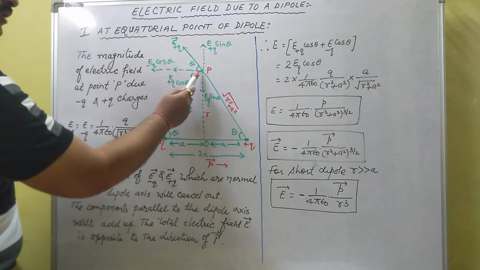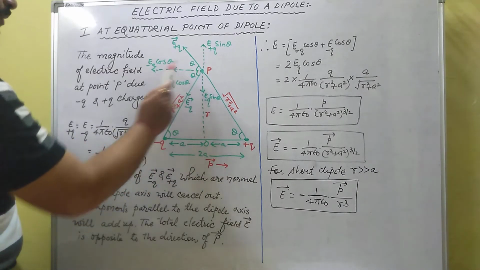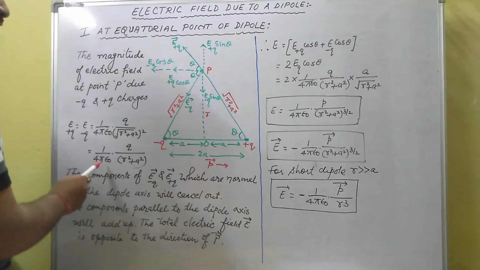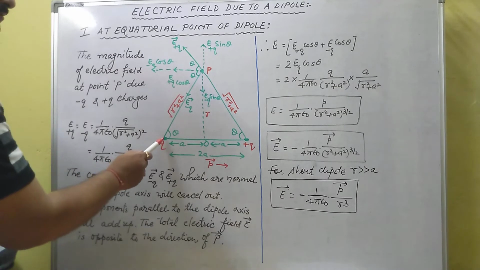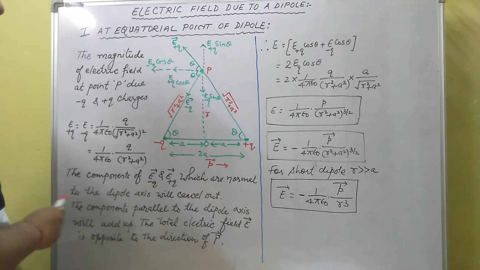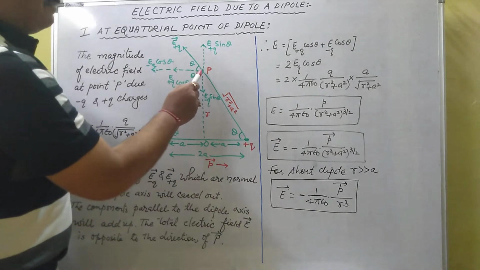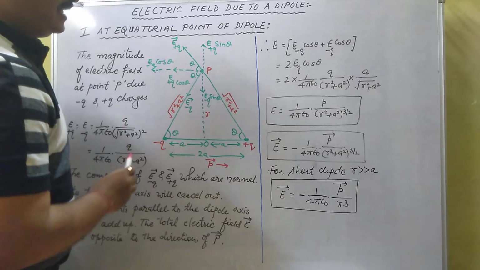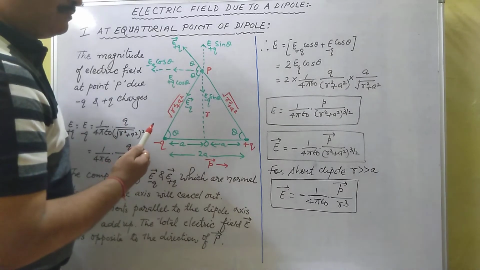Distance is same from minus q to point P. So obviously the magnitude of the electric field at point P due to both the charges will remain same. Since the electric field magnitude is same, their components will also have same magnitude.